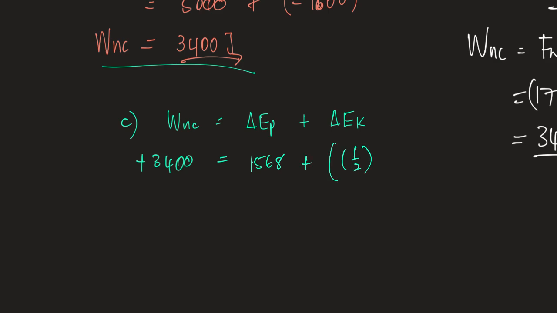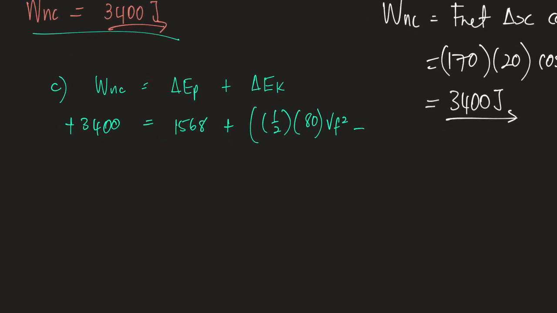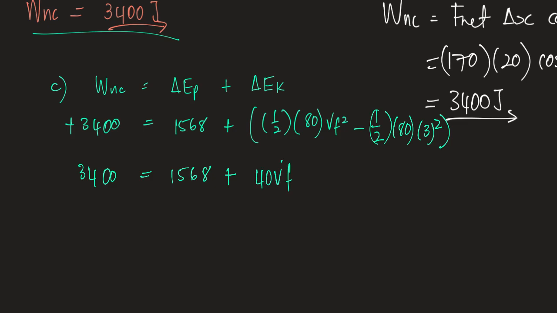So I've got a half times the mass, which was 80, VF squared, minus a half times 80, and the VI was 3 squared. Let's put that properly. Essentially I've got 3,400 is equal to 1,568 plus 40 VF squared minus 360.